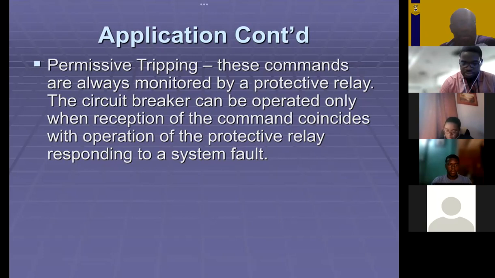One was the instantaneous zone 2, and the other was the instantaneous zone 1. But they were both monitored by the zone 2. So you had to have a zone 2 signal on the receiving relay, as well as receiving the signal from the zone 1 or zone 2 instantaneous contact from the remote. So that's what governs the permissive tripping. Right?